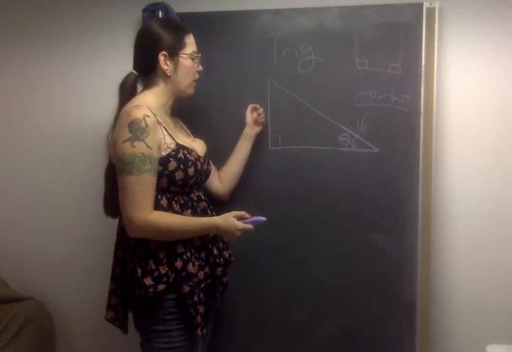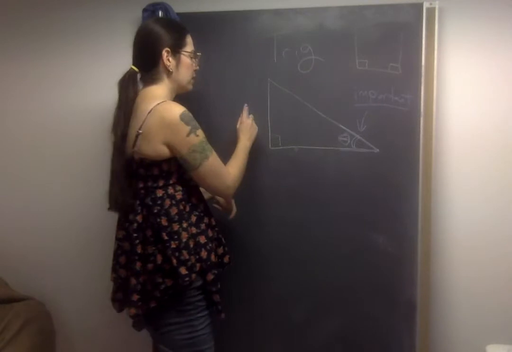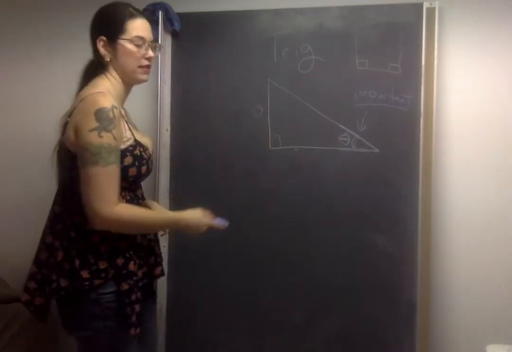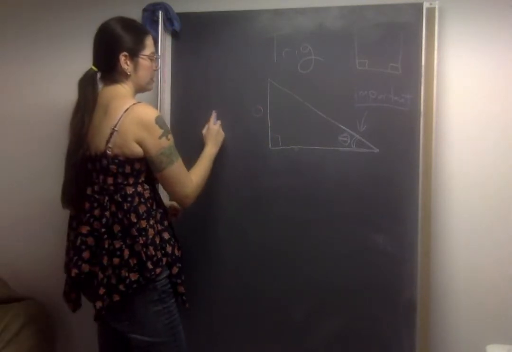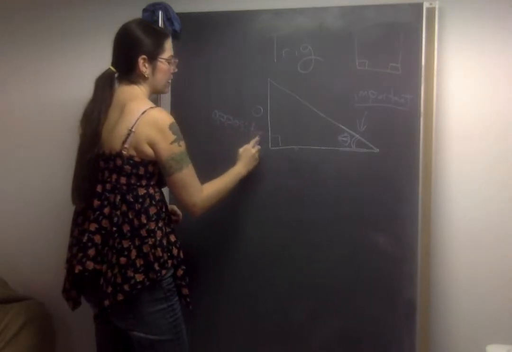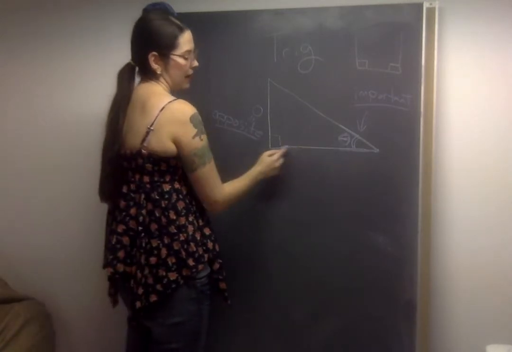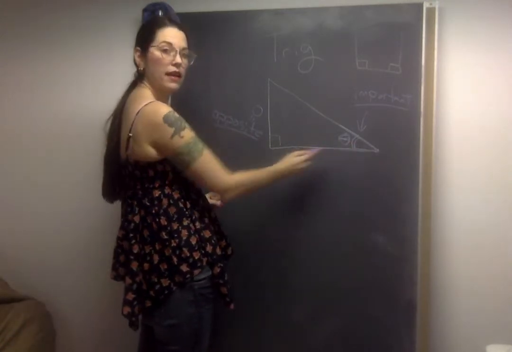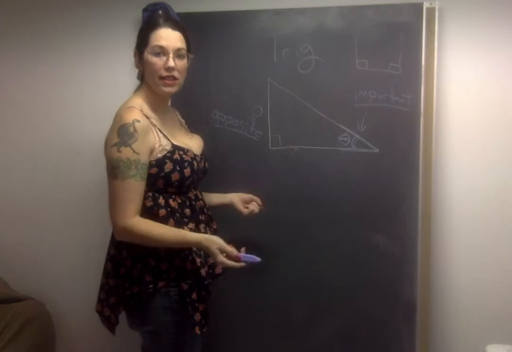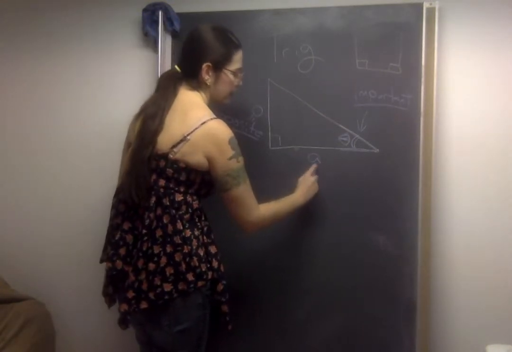Theta is across from this side. We could say it's opposite this side, and so we call this opposite, O for opposite. This side is next to theta, and so we call it adjacent, A for adjacent.